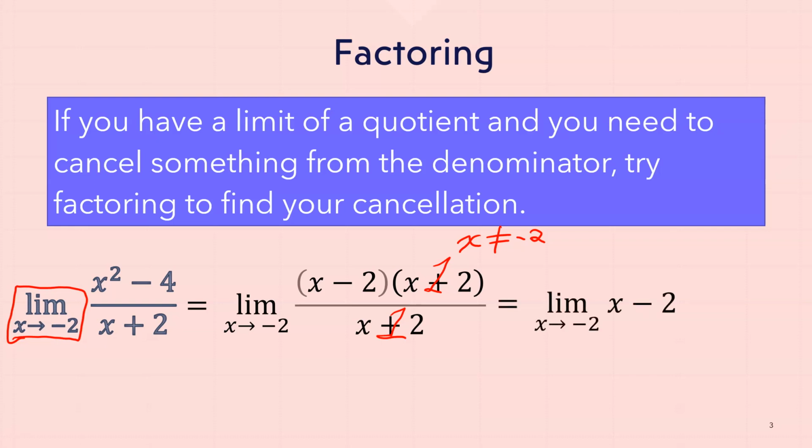And so that will just give you the limit as x goes to -2 of x minus 2, which is the simplified version of your function. Now we can just do a direct substitution, and we will get -4 as our limit. So factor to divide out common factors. That's a really good trick.